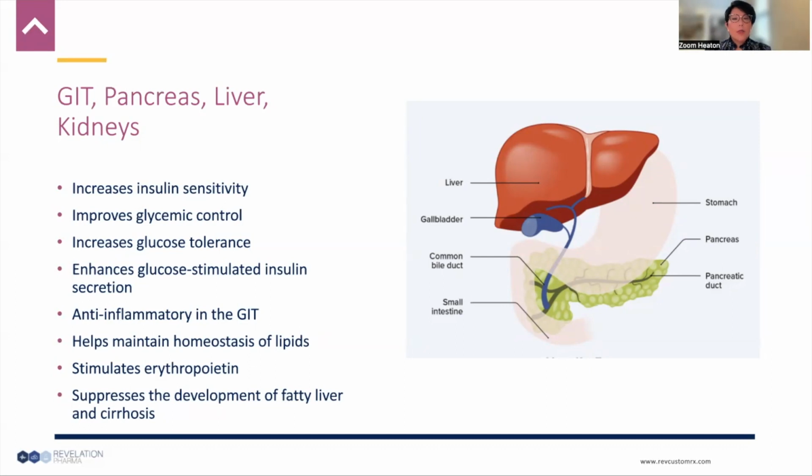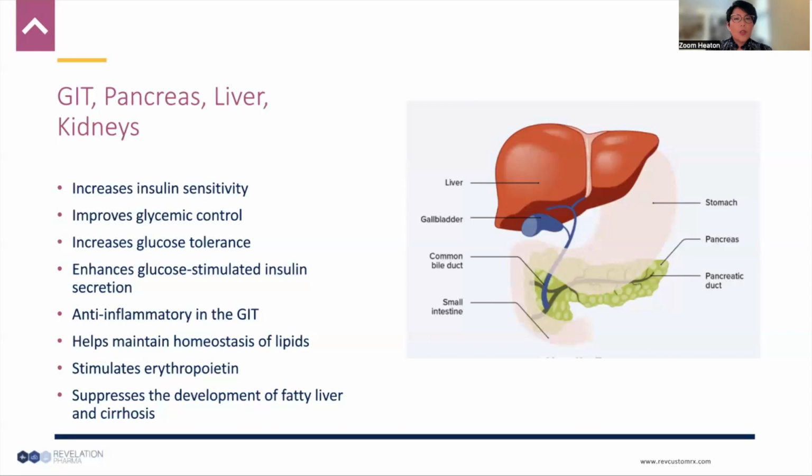And without it, you just lose that insulin sensitivity, and it just predisposes you to diabetes. It's anti-inflammatory in the gut. It also helps maintain homeostasis of your lipids. So it helps your cholesterol profile be more balanced. It also stimulates erythropoietin.